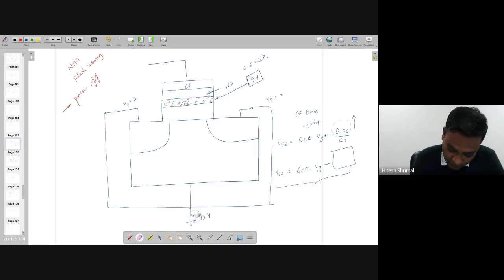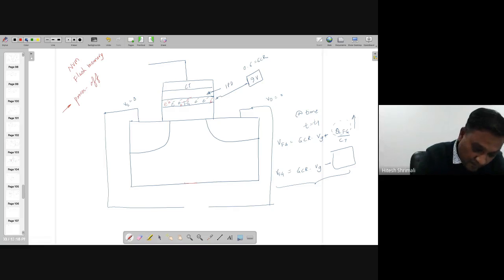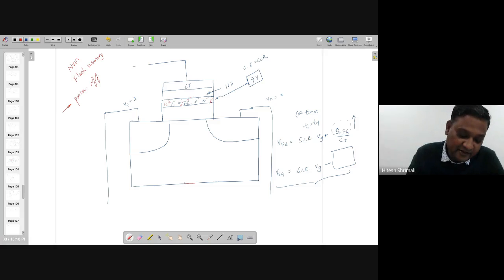One of the ways is, let's apply here a very large negative voltage, like minus 10 volt, 15 volt, something like this, so that these are ground at the time.